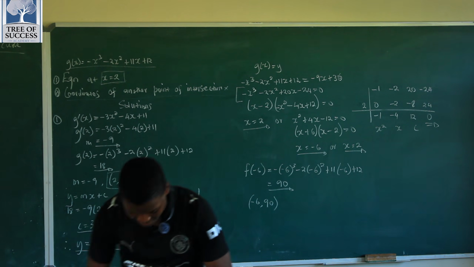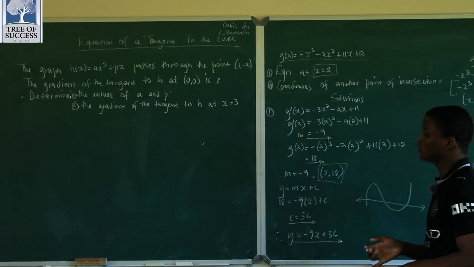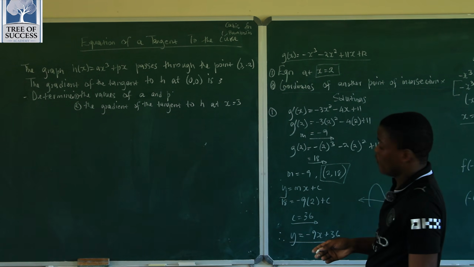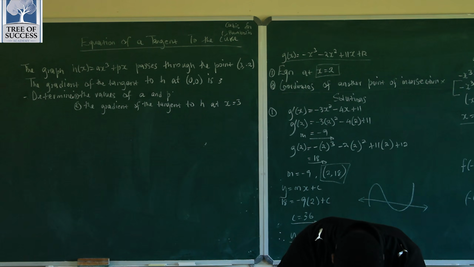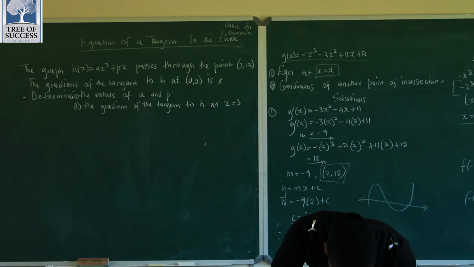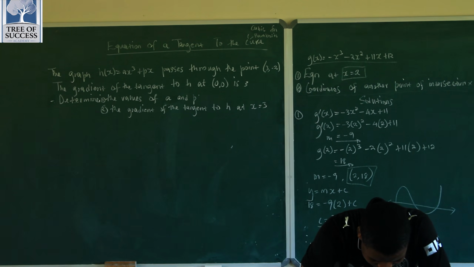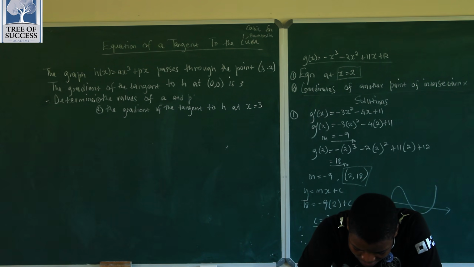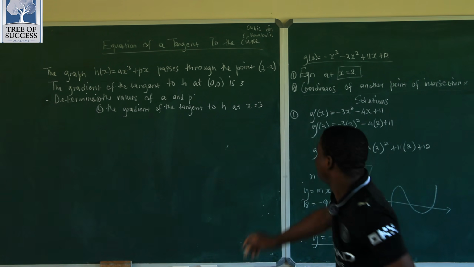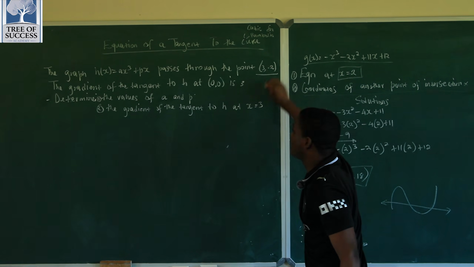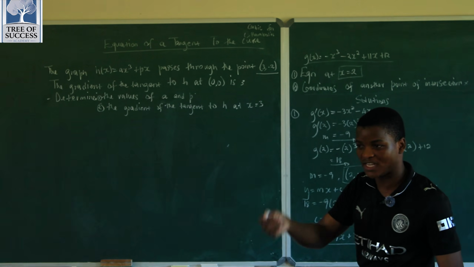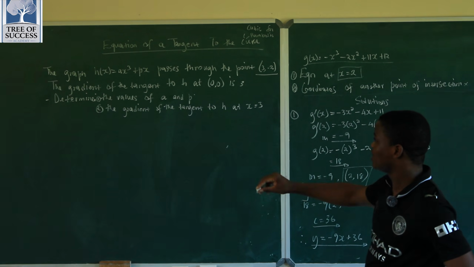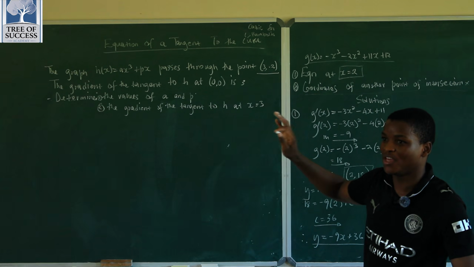Maybe we will see this case. The equation of the graph of h of x equals to ax cubed plus px passes through the point 3 and -2. So this is just a point. We're not told whether it's a turning point, point of tangency, point of inflection, or whatever point on the cubic function.